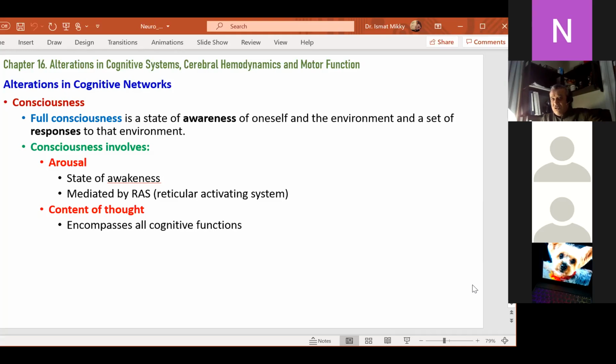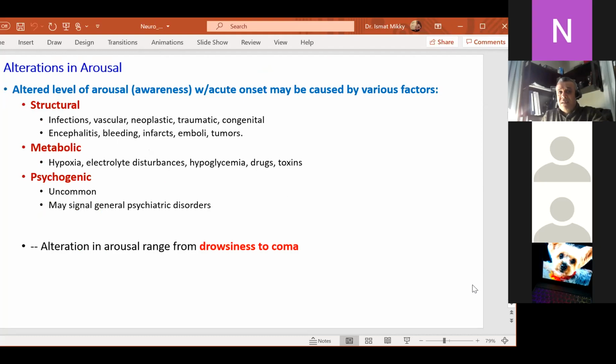So this measures the arousal status. Content of thought encompasses all the cognitive functions of the thought processes. Now, what are some of the factors that may change the mental status?